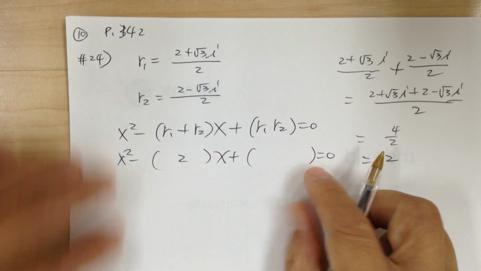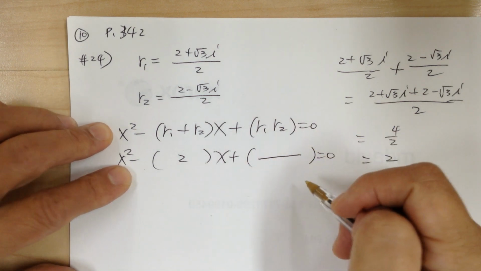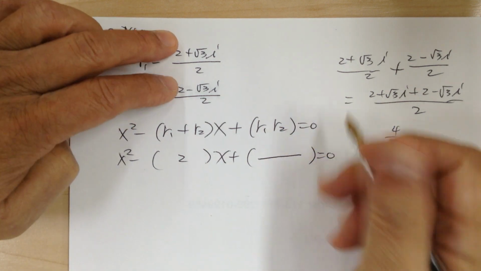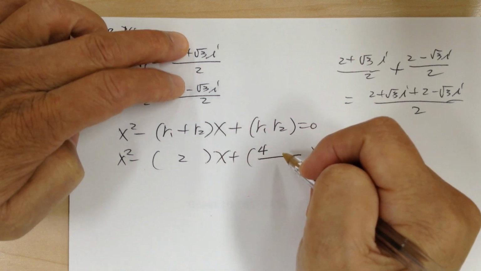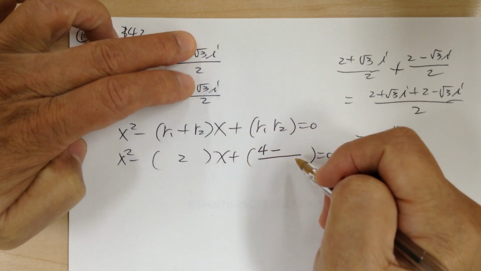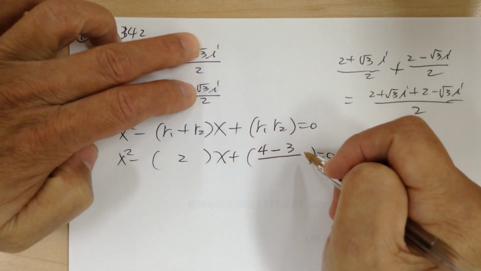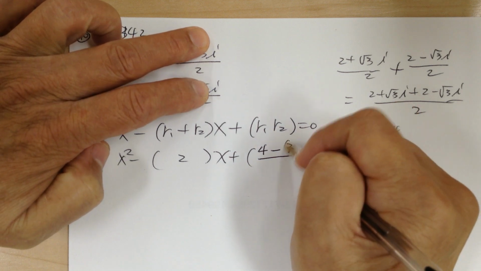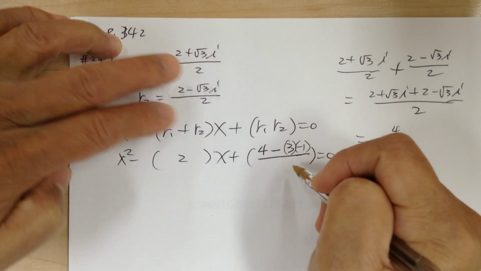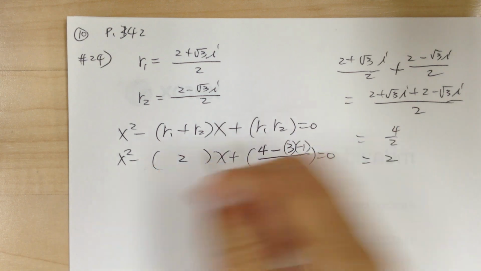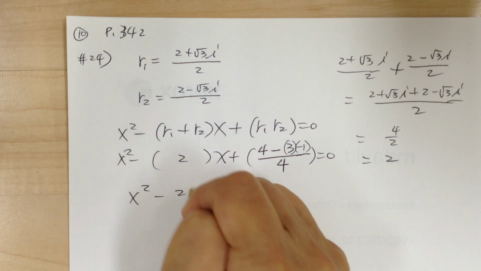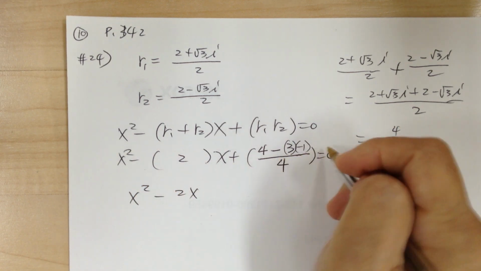Now when you multiply conjugates, just multiply the matching part. So 2 times 2 is 4. Plus times minus is minus. Square root of 3 times square root of 3 is 3. i times i is negative 1. And 2 times 2 is 4. So this becomes x squared minus 2x, and you got to work this part out.